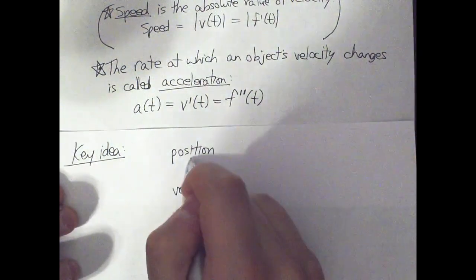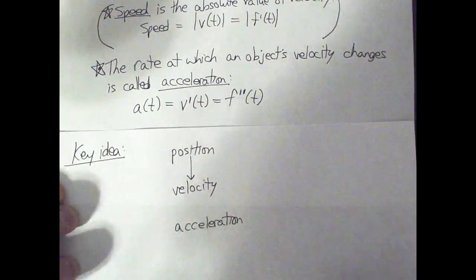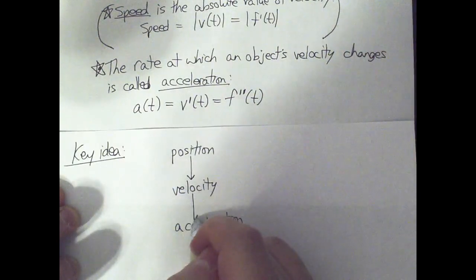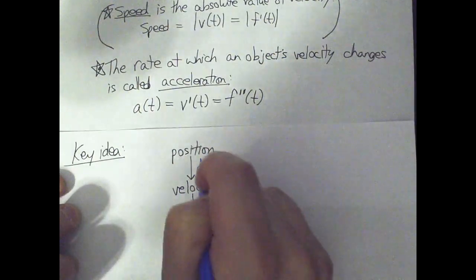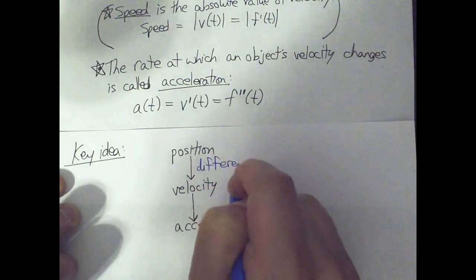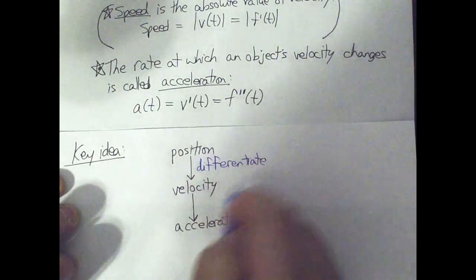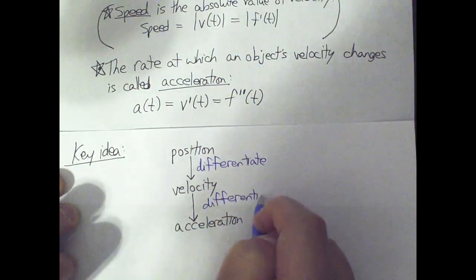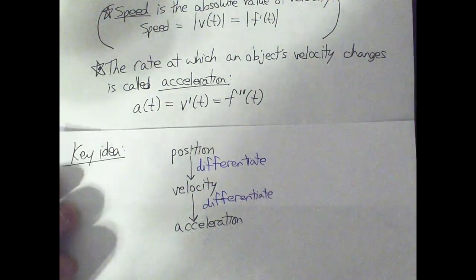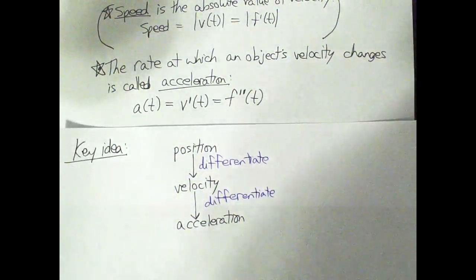We can go from position to velocity and from velocity to acceleration. And the way you do that is you differentiate, differentiate, differentiate. So if you can remember this, this is going to be pretty helpful for word problems.